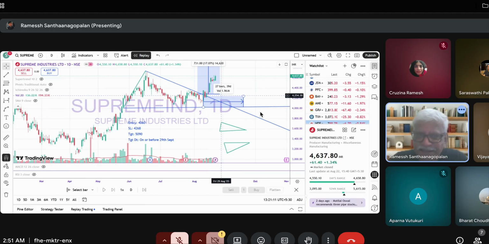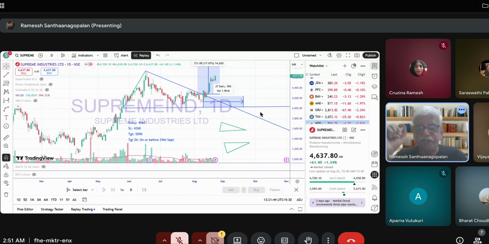But the risk is, in this triangle, the upper line is coming from top to bottom. That means the price is coming down from the top. So there is more possibility of the stock moving down than moving up when it breaks out.